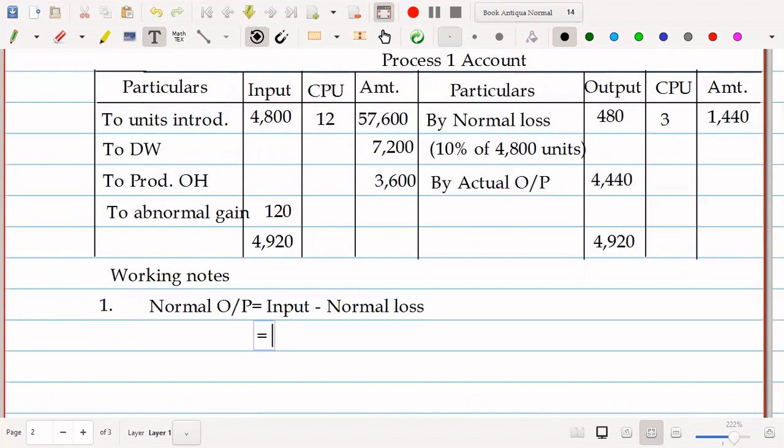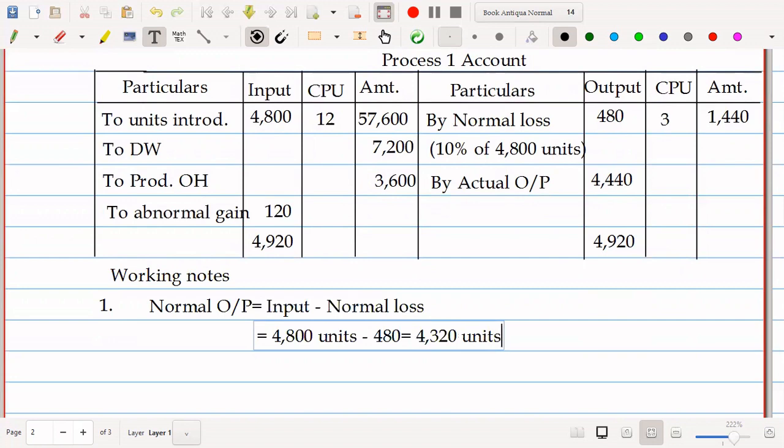Input is 4,800 units minus what was the normal loss. Normal loss, we have calculated there, it is 480 units. It comes to 4,320 units. This is the normal output.